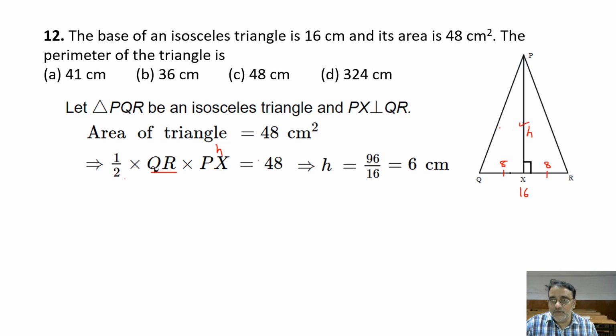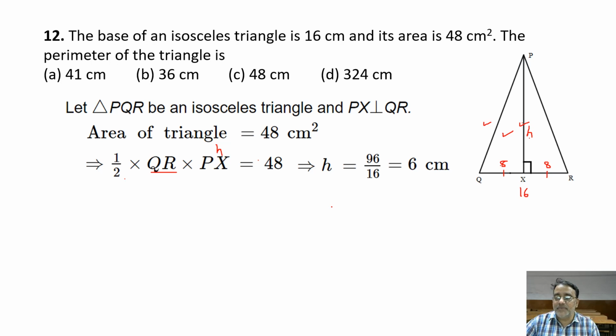Okay, so now we will use Pythagoras theorem to find the value of PQ. So if you use Pythagoras theorem, what will you get in this triangle? PQ square, the hypotenuse, is equal to 8 square plus 6 square, right? That is QX square plus PX square.